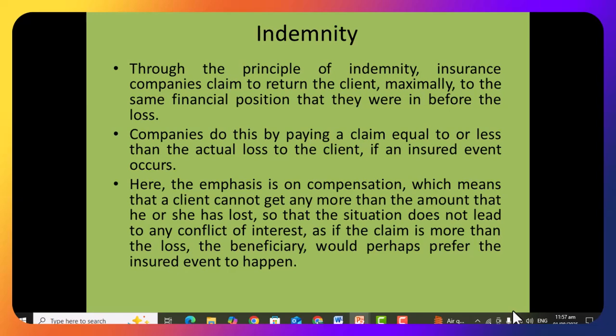Like for example, if the door of my vehicle got damaged and I have already used that vehicle for 3 years, then normally the useful life of a vehicle is considered to be 10 years, and it is depreciated annually by 10%.